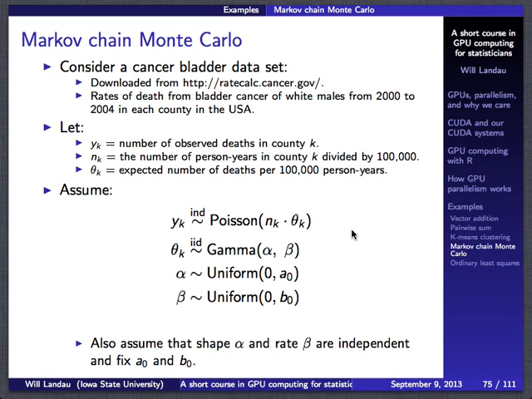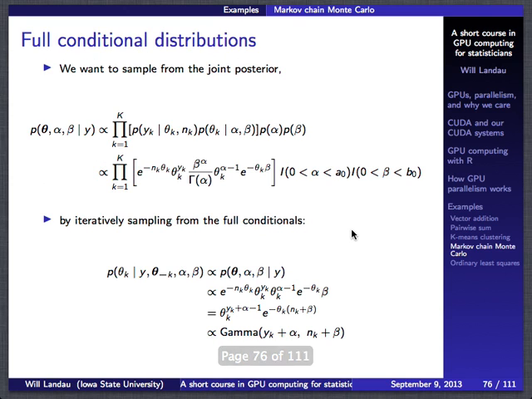I don't have time to go through the full detail, I have only a couple minutes. But if I were to actually do this, I first write out the joint distribution of the thetas, alpha and beta. From this, I write out the full conditional of theta, which is actually just a gamma distribution.